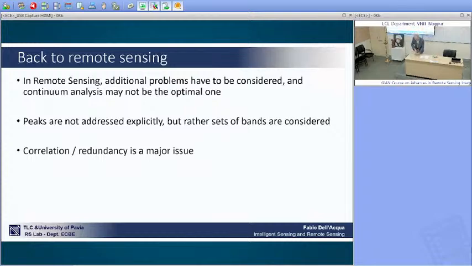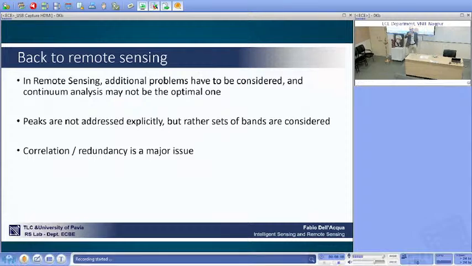So as a first consequence, when you move from multispectral to hyperspectral data, you have a lot of data, a lot of layers. Remember that we had the 3 dimensions I, J, and K. And the 3rd dimension was the depth, the bands.